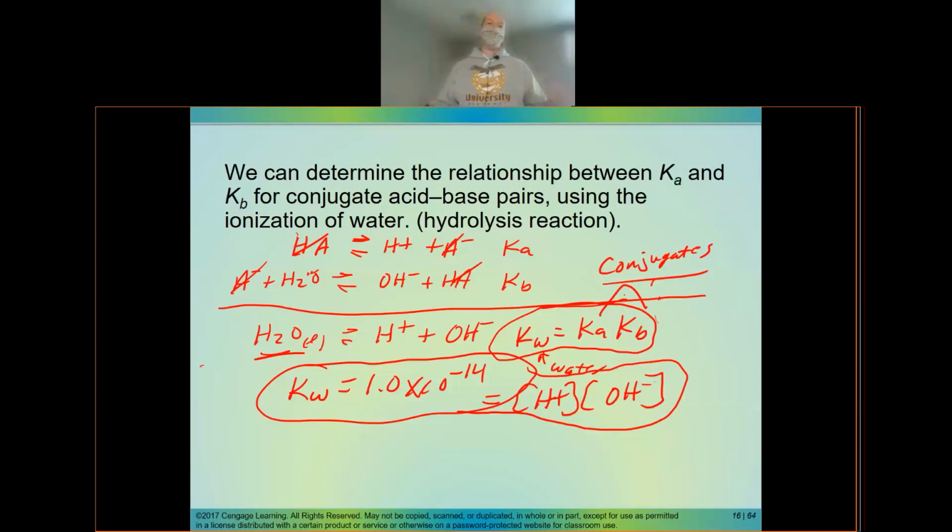If it says give the concentration of everything and it's in an acid, you don't think that you have to give your OH-, but it's there. Even in an acidic solution, you still have a concentration of OH-, because the product of your H+ and your OH- is always 1 times 10 to the minus 14.